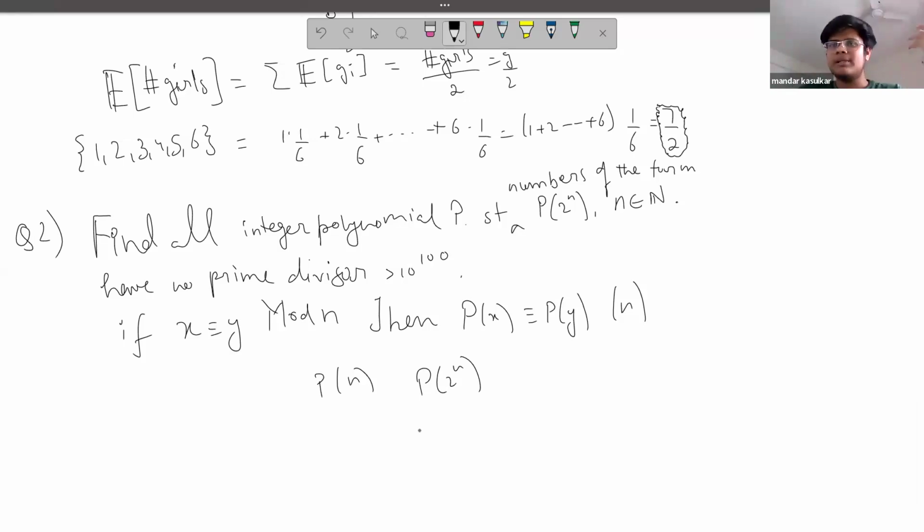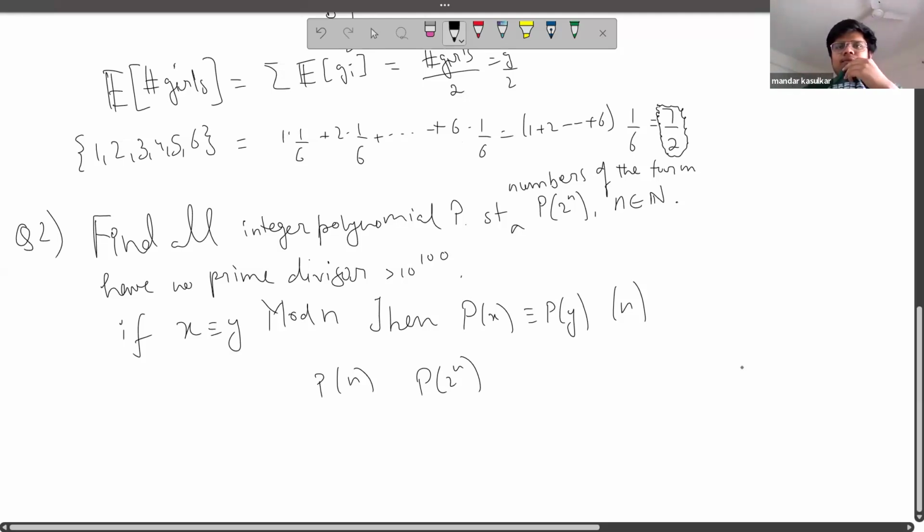So firstly, what are your guesses on this polynomial? What do you think is a polynomial that satisfies this? P of x equal to x. Constant polynomial.